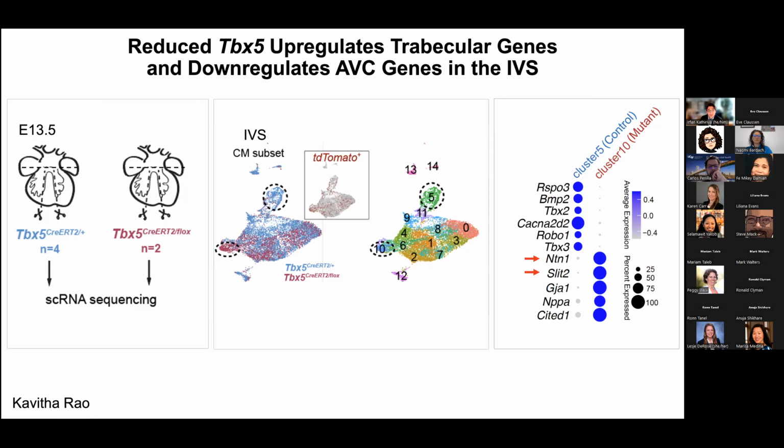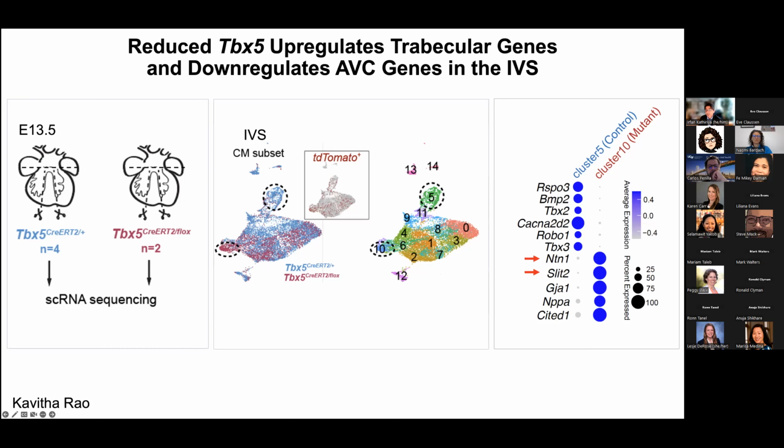Through a series of analyses, I'm just showing you one here, we noticed that there was one cluster that was predominantly control, this cluster 5, and another cluster that was predominantly mutant. We wondered what the difference was between these controls and mutants.